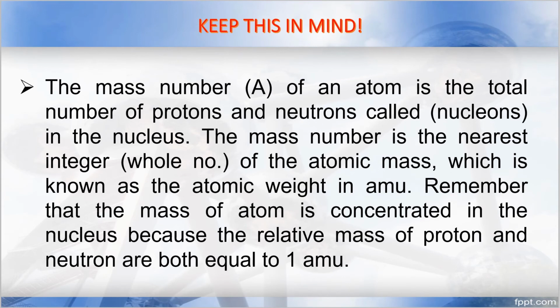The mass number A of an atom is the total number of protons and neutrons, called nucleons, in the nucleus. The mass number is the nearest integer or whole number of the atomic mass, which is known as the atomic weight in AMU, or atomic mass unit.